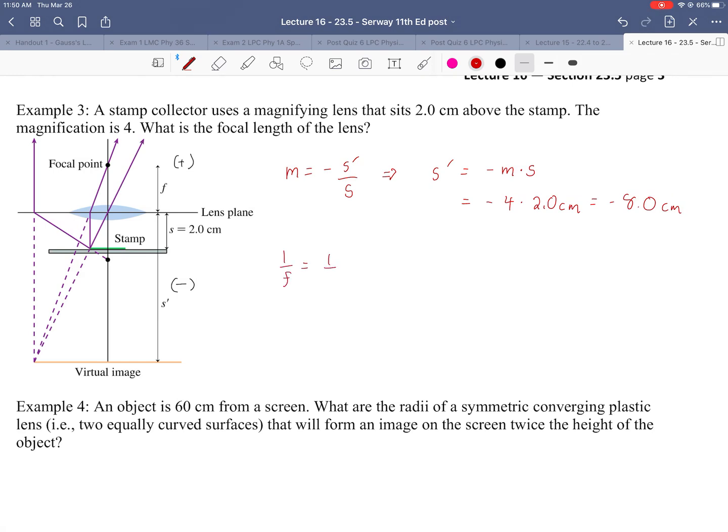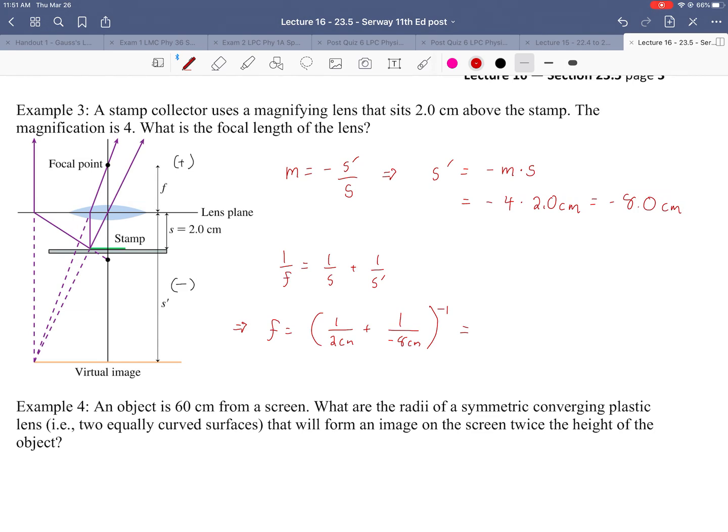So then we go to the thin lens formula, and then we simply solve for f. All right, so it's going to be 1 over s, which we know to be 2 centimeters, and then 1 over s prime, which we know to be negative 8 centimeters. Okay, and the whole thing raised to the negative 1 power, so that we get f by itself.